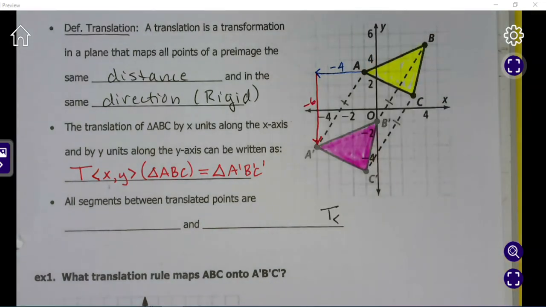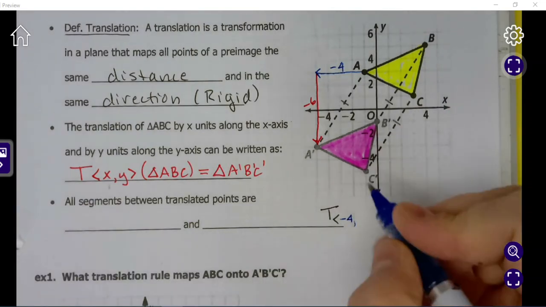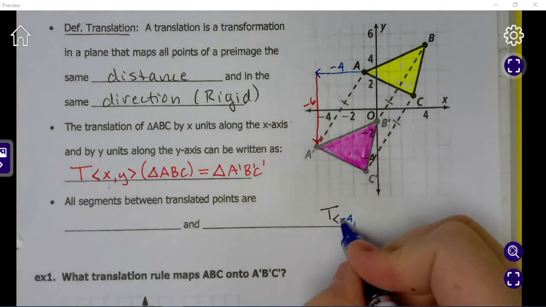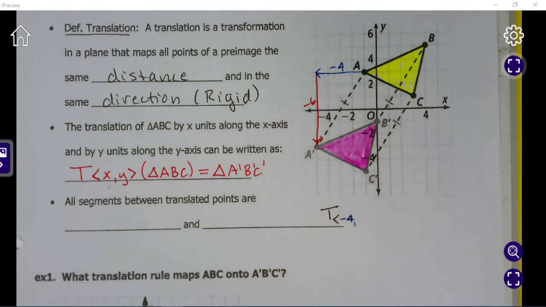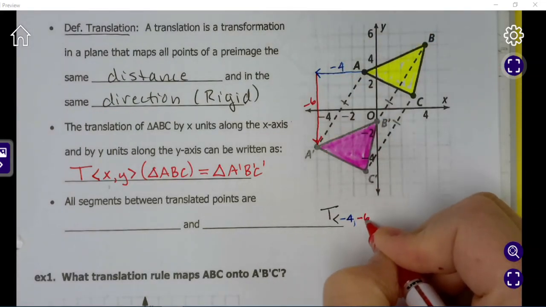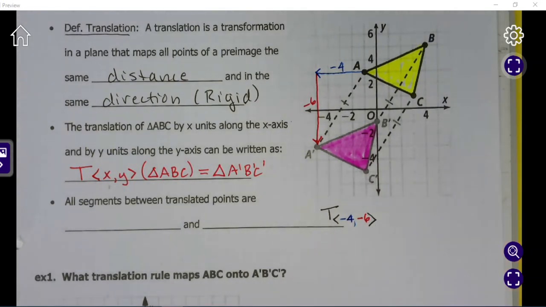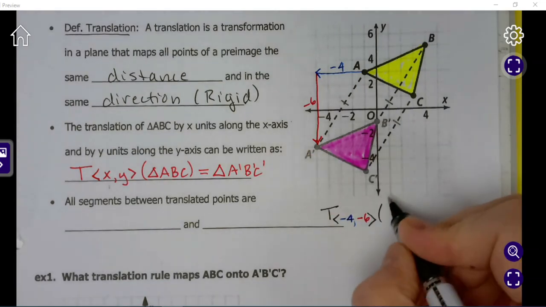So in the notation, the translation of the x is -4. Negative is always left. Positive is always right. And then straight down in the y direction, -6. For the y, positive is always up, negative is always down. And then the rest of this is pretty easy.